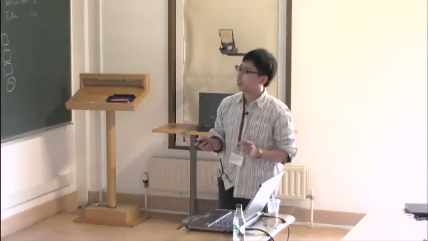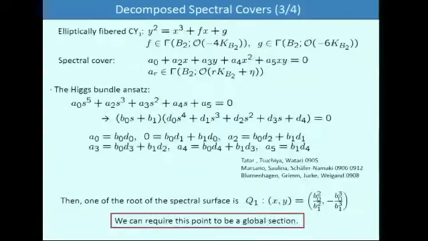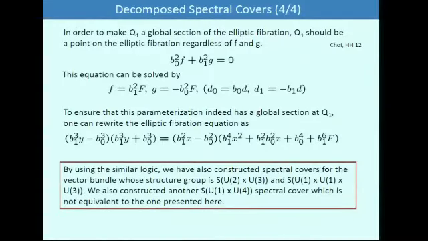So we can require this point to be a global section in the elliptic fibration. Then if we require this Q1 to be a global section of the elliptic fibration, then this Q1 should be a solution of the elliptic fibration regardless of f and g.